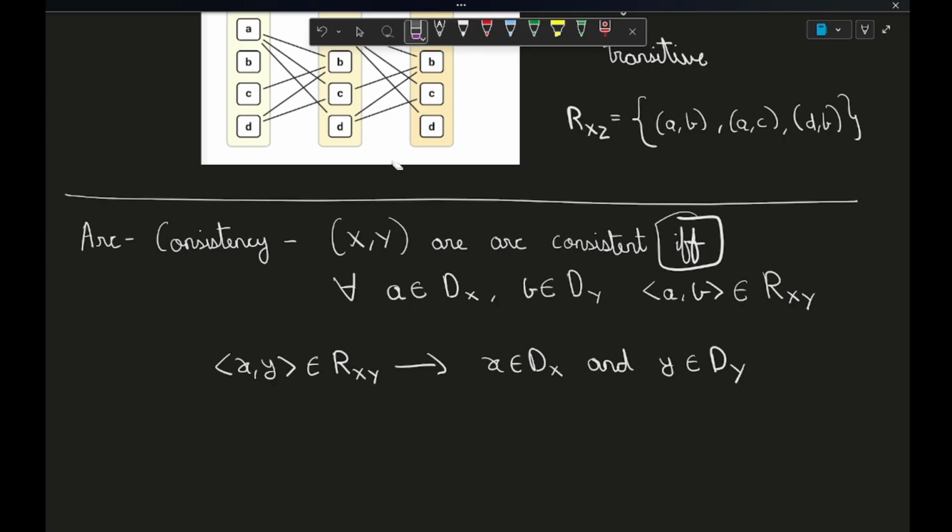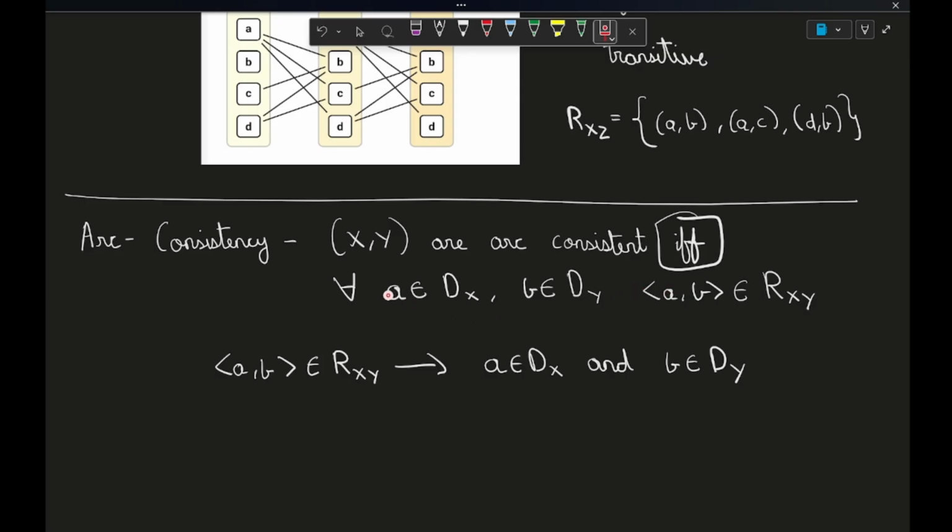Okay, let me just change this first. A comma b. So this just means that let me pick any value from A and any value from B, and make a pair of them, A comma B, right?